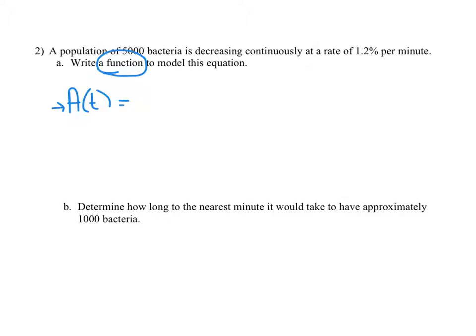It starts at 5,000, e, and remember, it's 0.012 because we moved the decimal over 2. But since it's decreasing, this is going to be negative 0.012 times t. Just make sure this letter and this letter match, and we're good. So that's the function. Remember, it's negative here because it's decreasing.